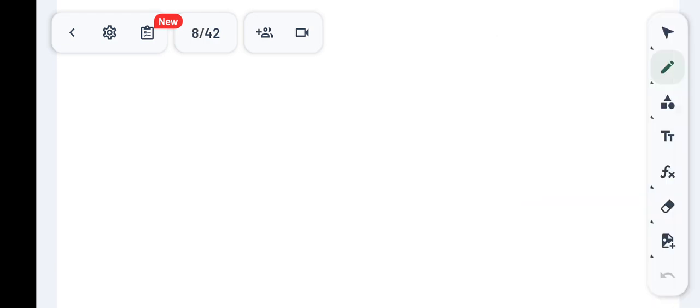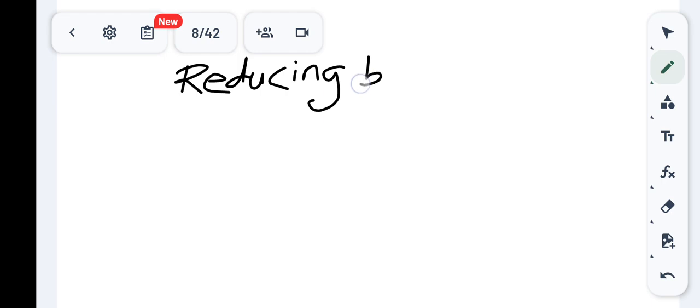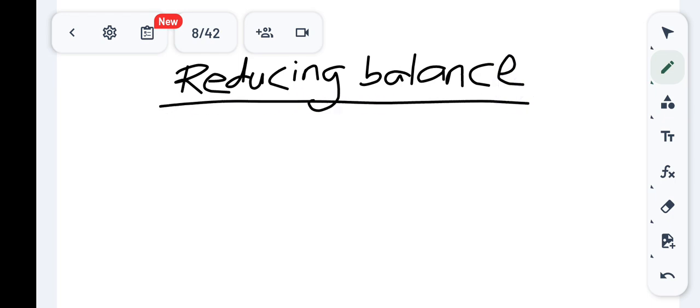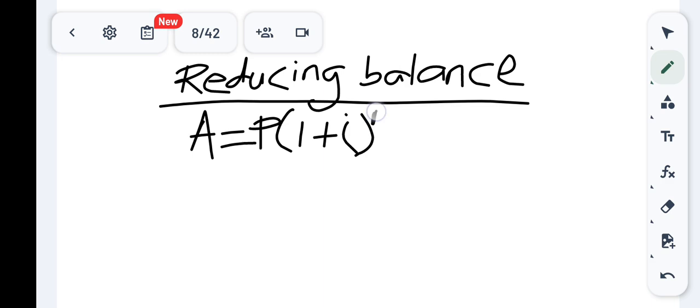Then we have the reducing balance method. We said the straight line method is the same as simple interest, with a minus instead of a plus. The reducing balance method is still the same as compound interest. What is the formula for calculating compound interest? It's A equals P into 1 plus i all to exponent n.